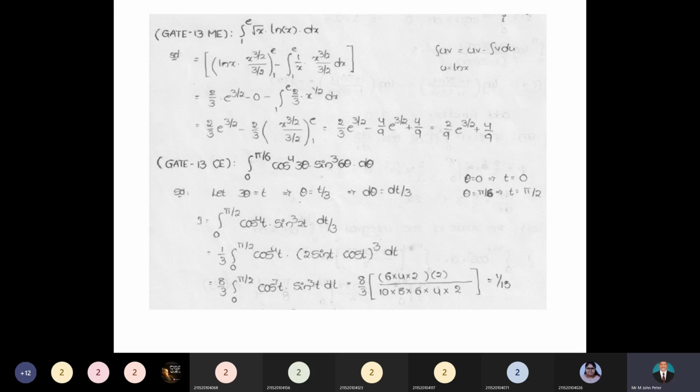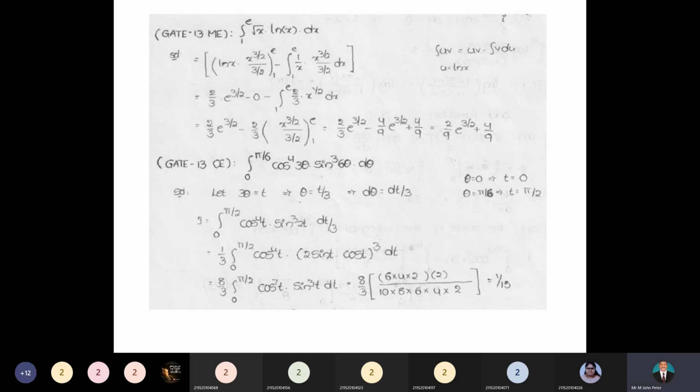Upper limit x is e, replace it. Lower limit x is 1. In that, log 1 value is 0, that's why they have put the lower limit as 0. Log 1 value is 0. Ln x is nothing but log with base e. In our general integration and differentiation, log is base e.